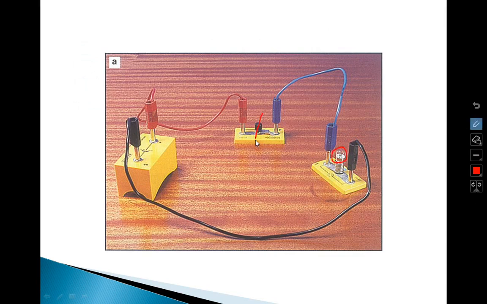And then the circuit is connected by wires, and this is a complete circuit. If a wire here is disconnected or not connected very well, somewhere here, the circuit is disconnected and no current will move through this circuit.